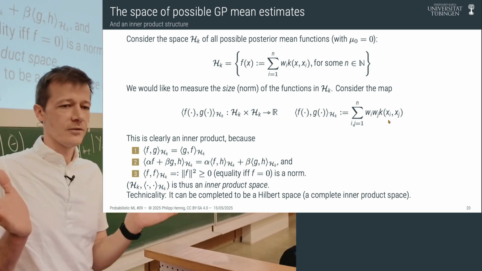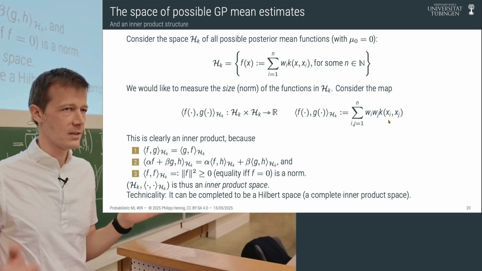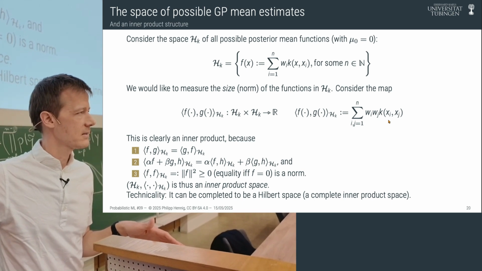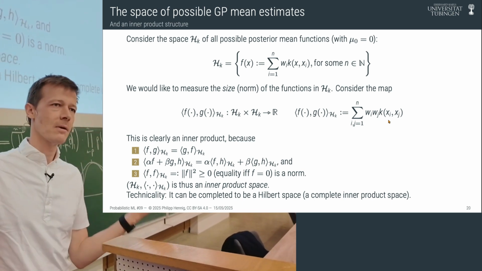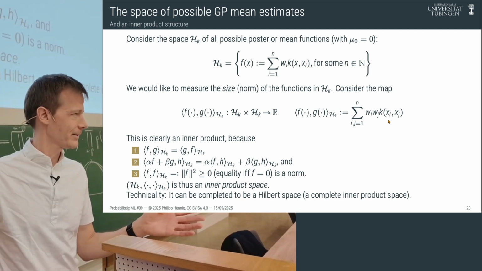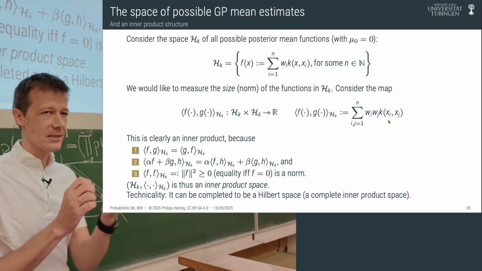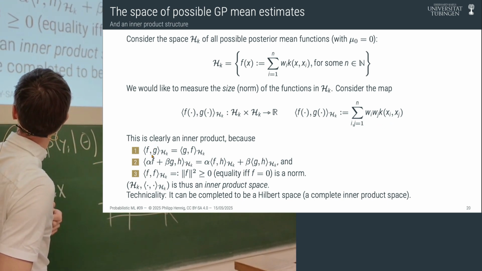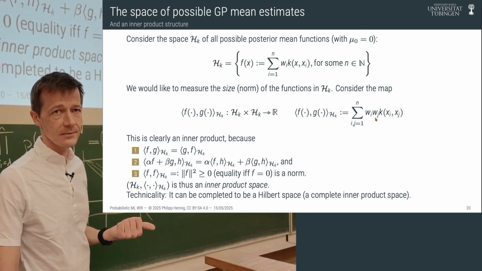So first of all, why am I calling it an inner product? Well, because this is actually an inner product. So let me show you that this is an inner product. Who has seen inner products in first-year undergraduate classes? A few. Oh, actually, more than half. Good. So you all remember what an inner product is, right? Good interview question. It's a function of two inputs that is symmetric, right? The inner product of f and g is the same as g and f. You can clearly convince yourself that that's the case.